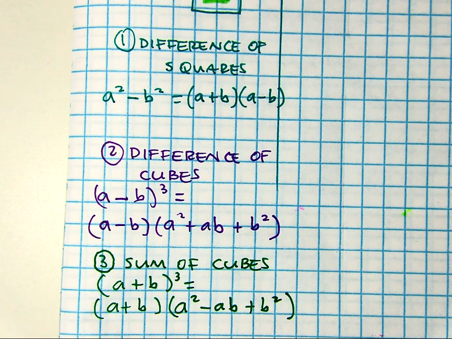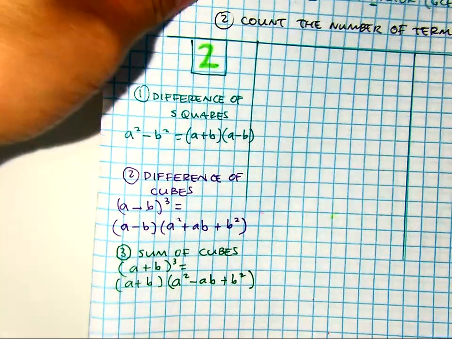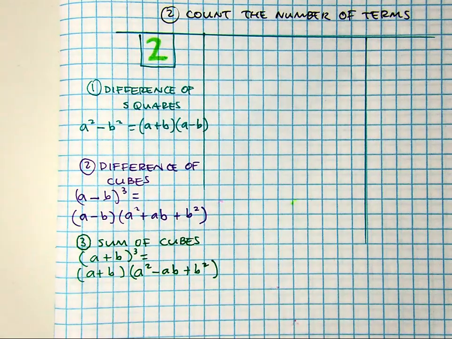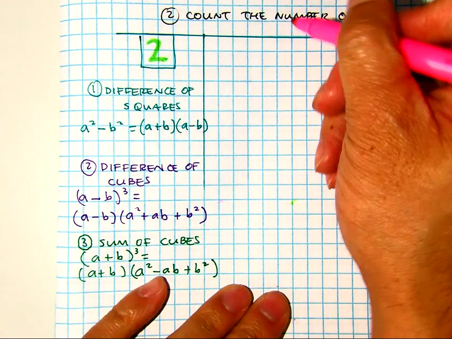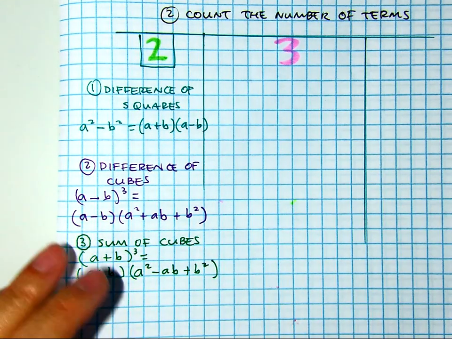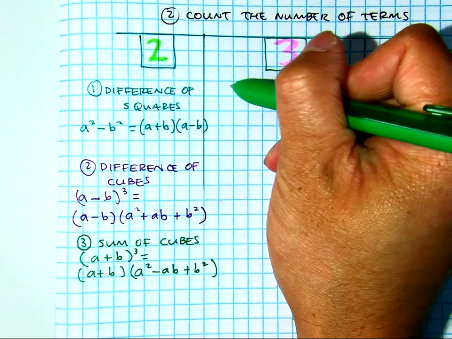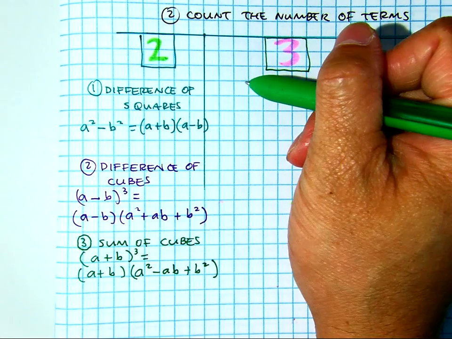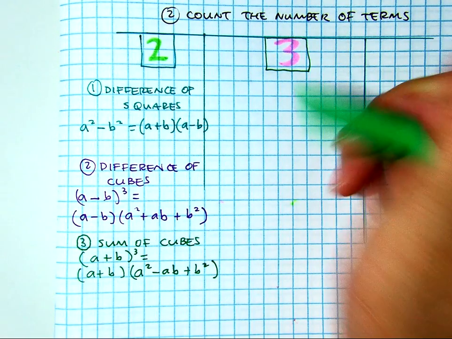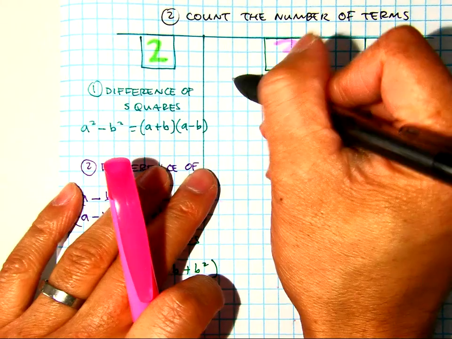Now you might also count three terms. If it is three terms, you will do your X box. What does X box look like? Well, it has to be in standard form: ax squared plus bx plus c.